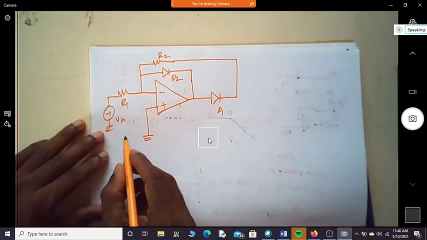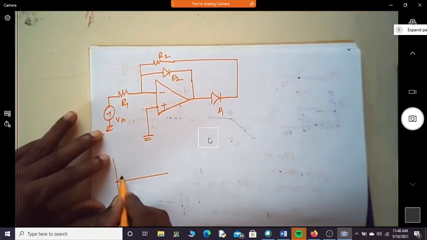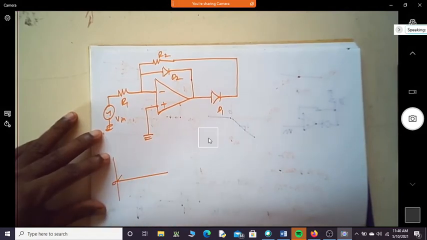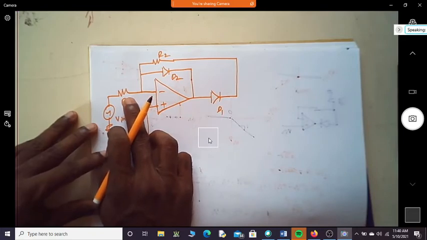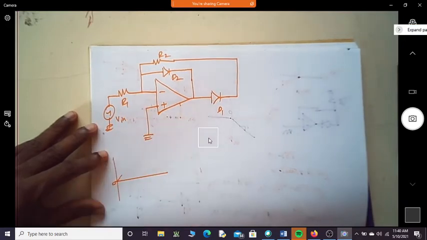Okay, assume that input voltage is slightly greater than zero. Since it is greater than zero, what can happen? What will be the voltage here?